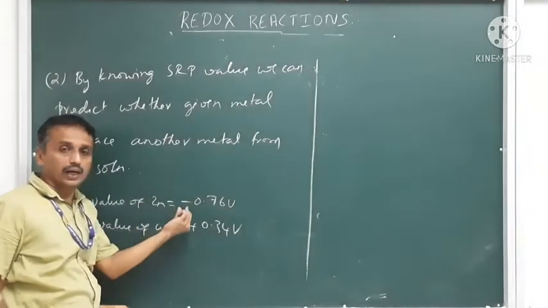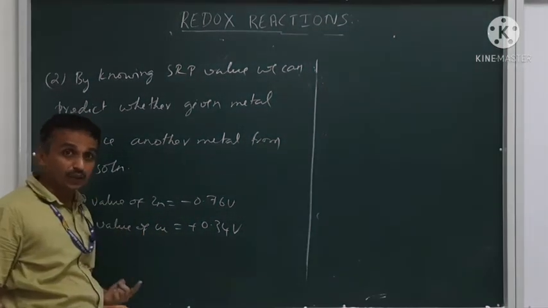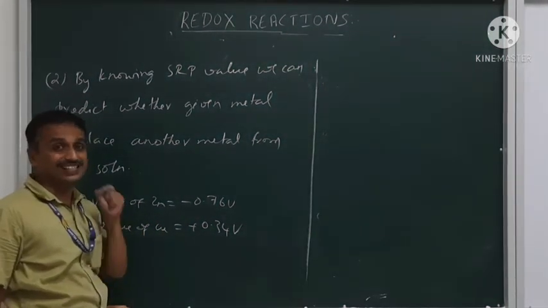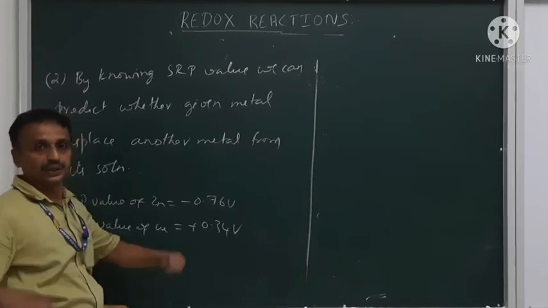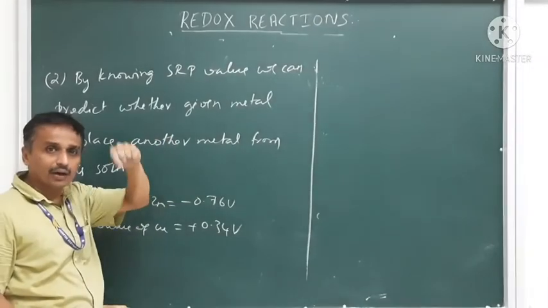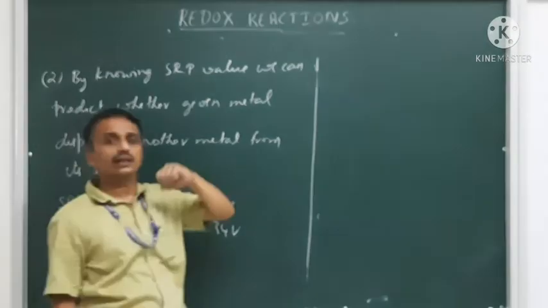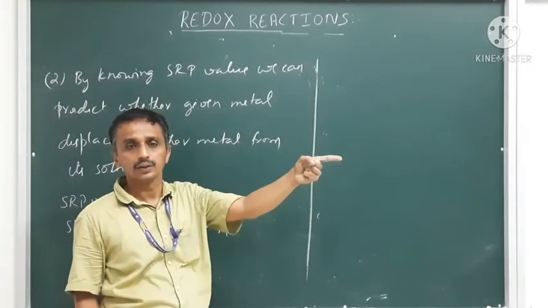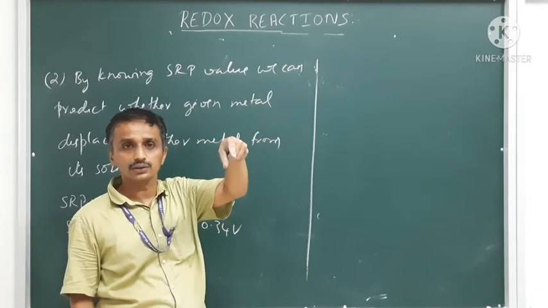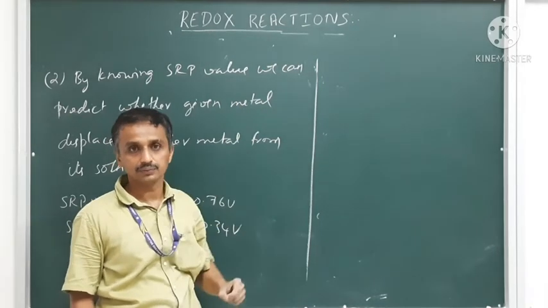Among the two, the one which has the lower SRP always has the tendency for oxidation, and when they have the tendency for oxidation to a greater extent, they readily give electrons for reduction of other substances.